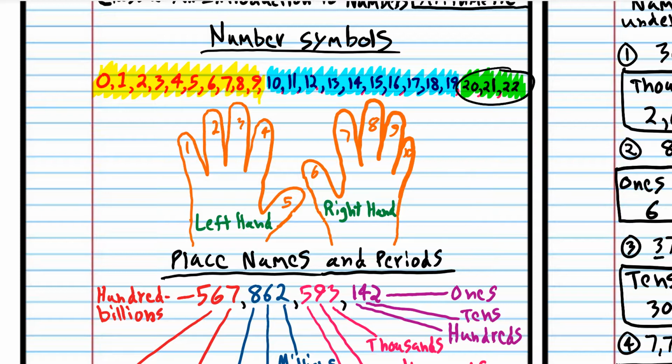For the first 4 multiples of 10, 20, 30, 40, 50, they have, again, unique names.